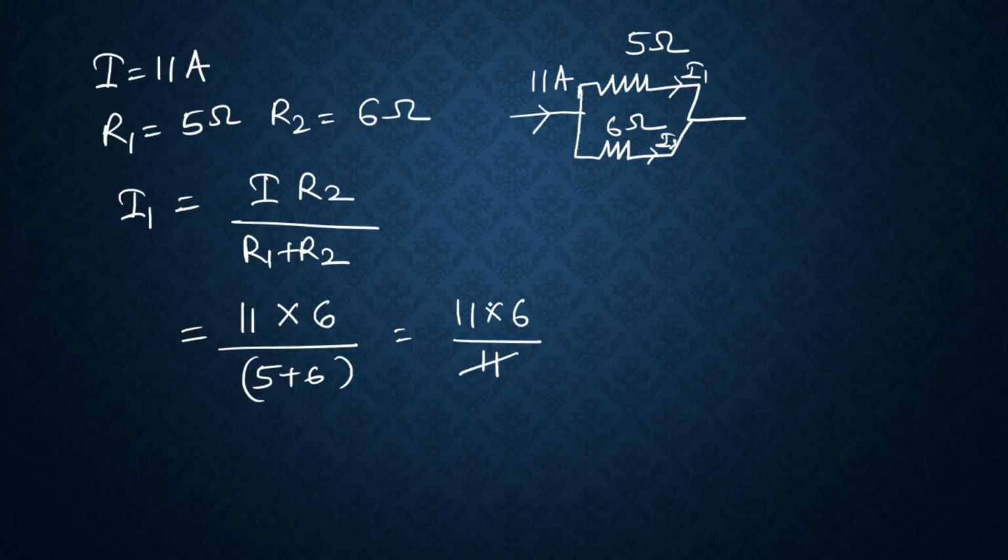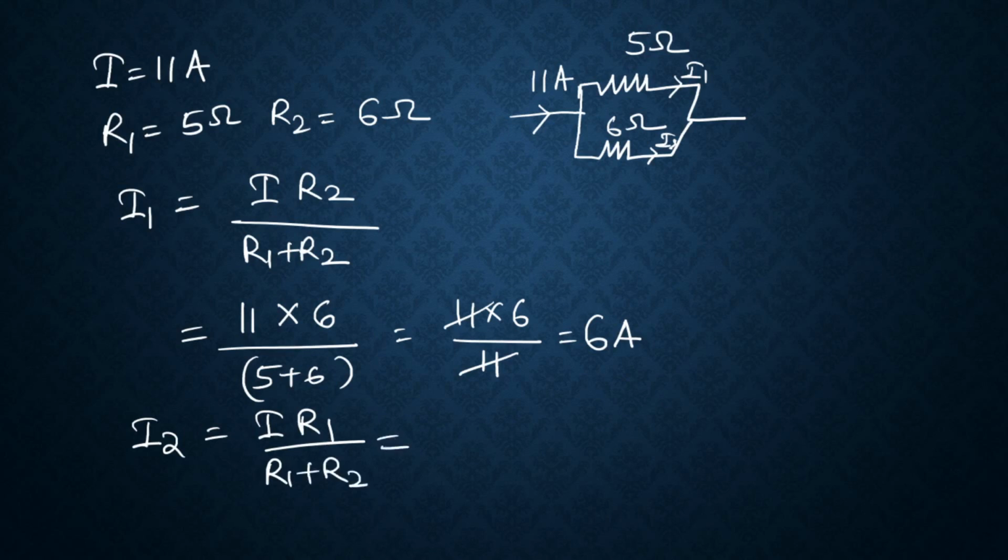The 11 cancels out and the answer is 6 amperes. The second current I2 is I into R1 divided by R1 plus R2, that is 11 into 5 divided by 5 plus 6, that is 11 into 5 divided by 11, that is equal to 5 amperes.